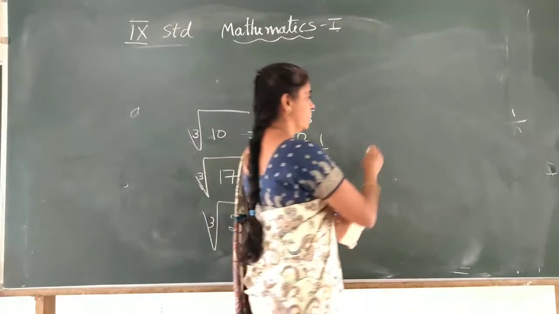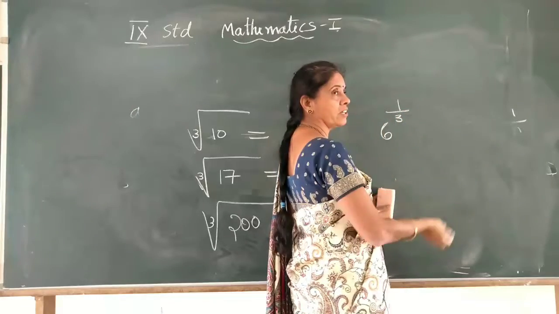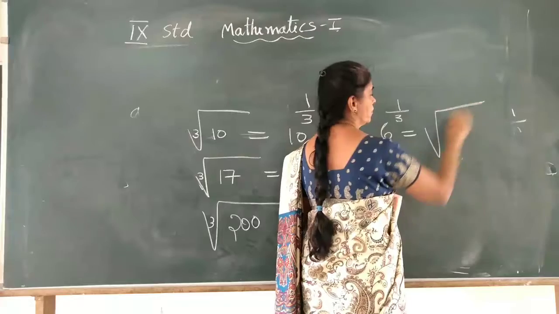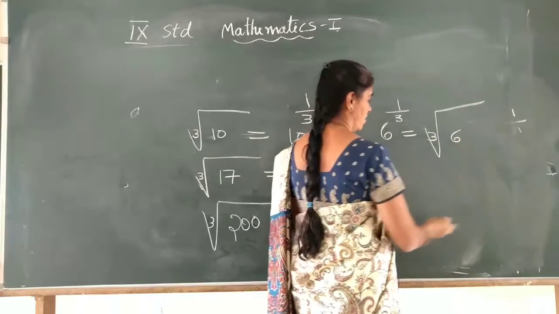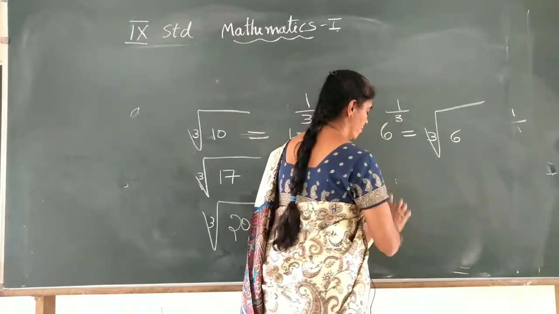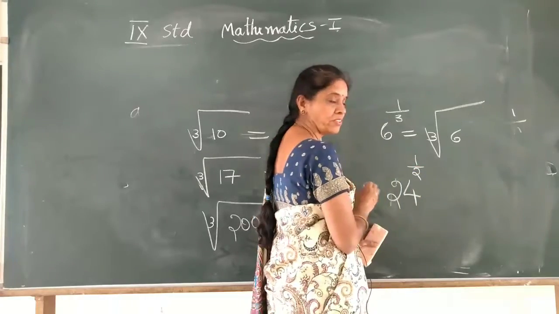If I write 6 to the power of 1 by 3, how do we write it in root form? It is the cube root, and the number inside is 6. Or if I have 24 to the power of 1 by 2, how do we write it?